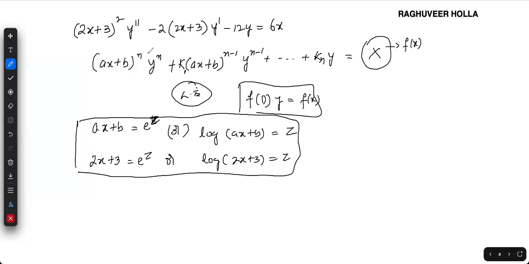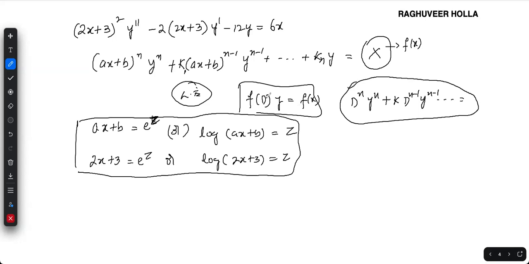Also, you have y double dash, this whole square and so on. That has to be reduced in terms of D to the power of n y and the constants, so D(D-1) and so on. We have to reduce it in this form, which is f of D into y equal to a function of x.